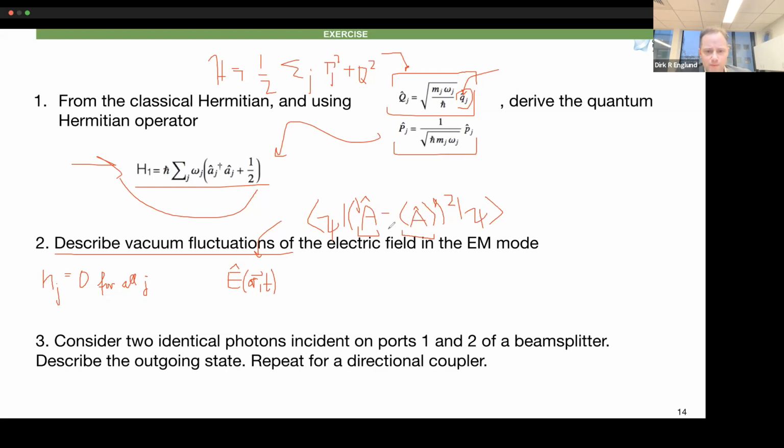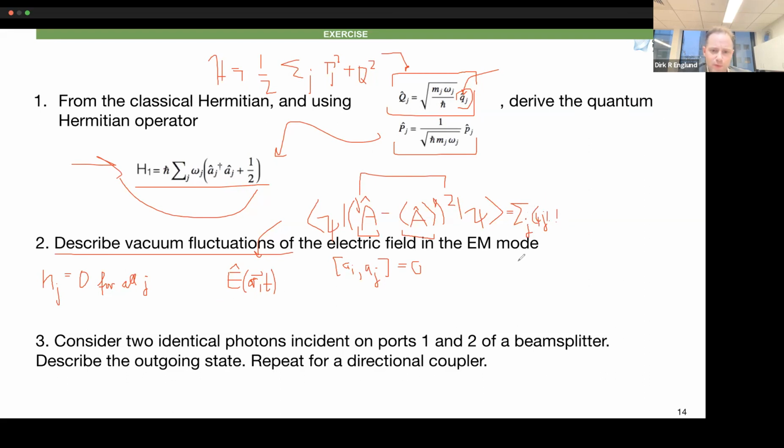So for this, because we have the commutator relations that a sub j and a sub i commute, if we evaluate this term here, all cross terms will go to 0, and this instead is equal to the sum over the vacuum fluctuations from each mode j separately.